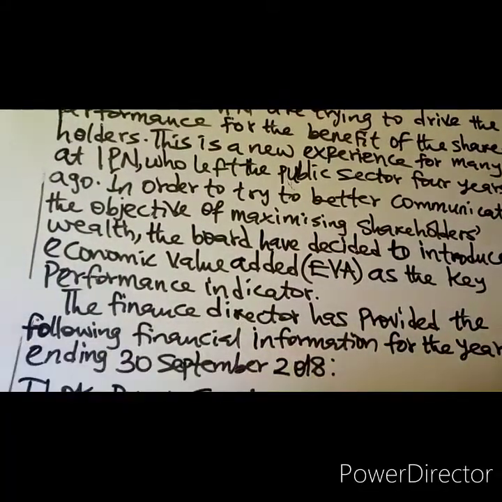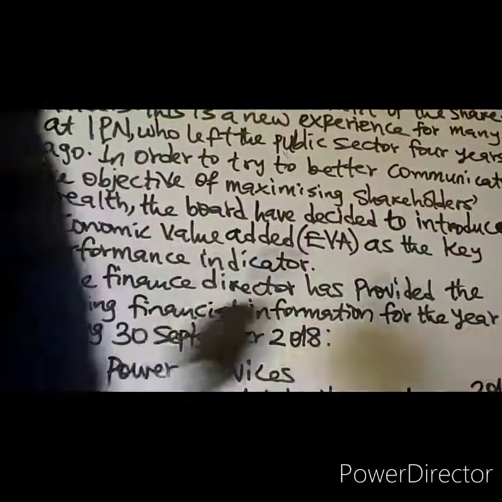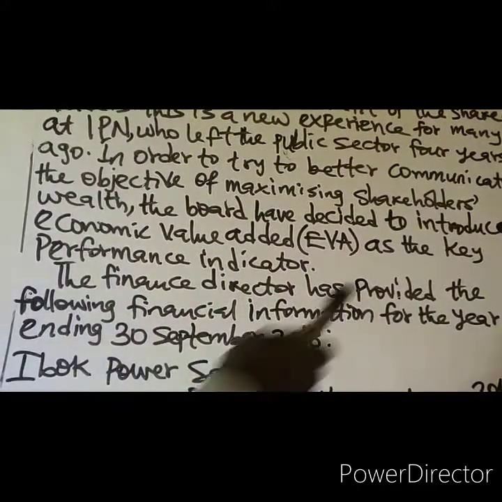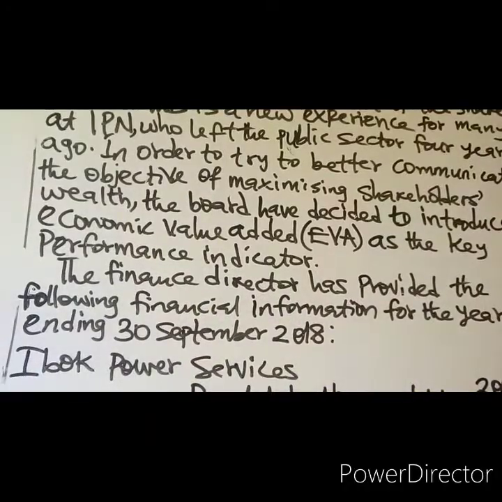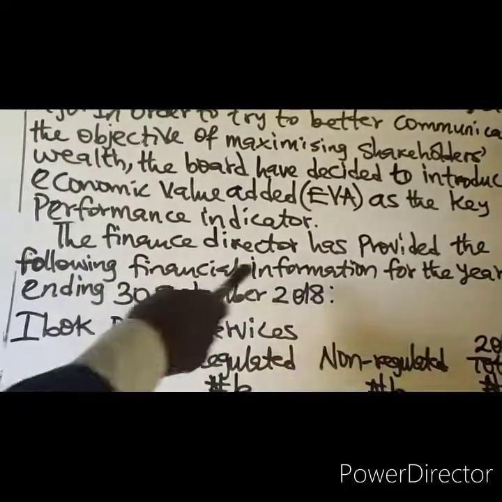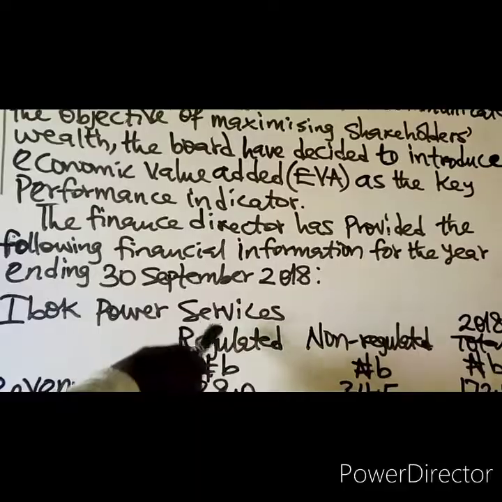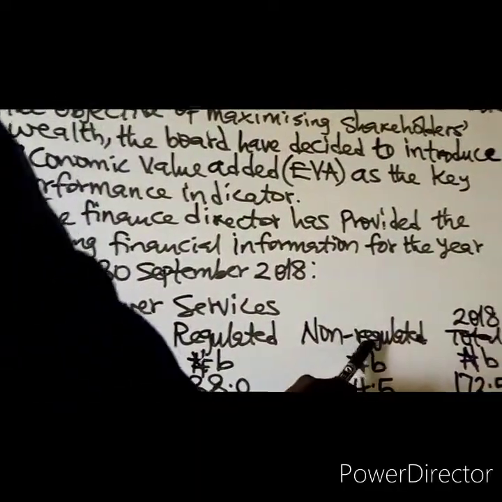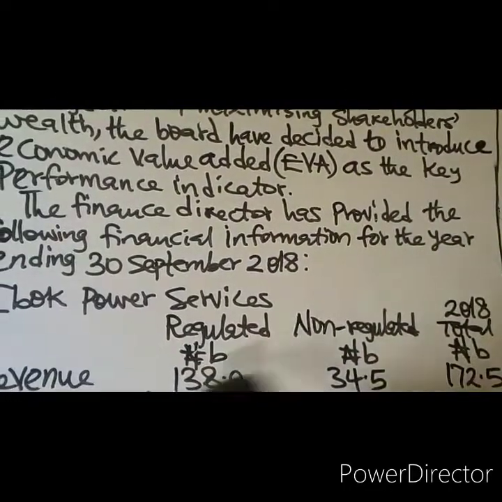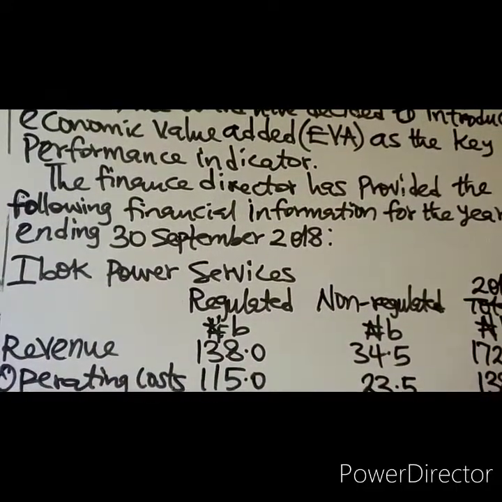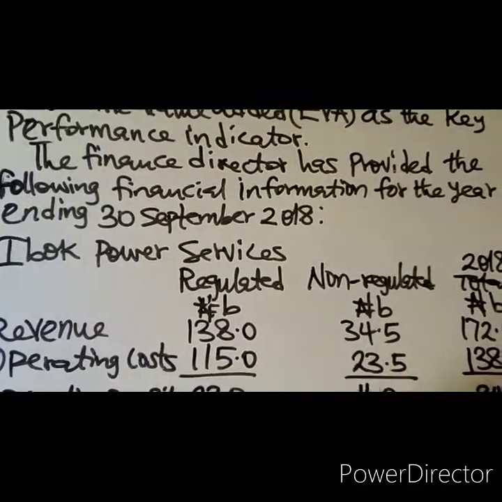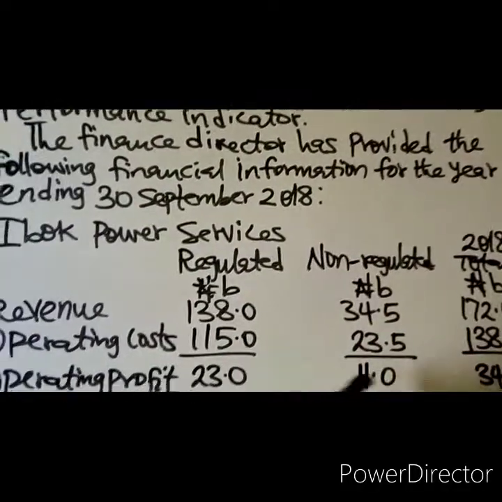The finance director has provided the following financial information for the year ending 30 September 2018. EBOC power service. You have regulated, you have non-regulated, we have 2018 total. Everything is in billion. Revenue is given, operating costs is given, operating profit is equally given.